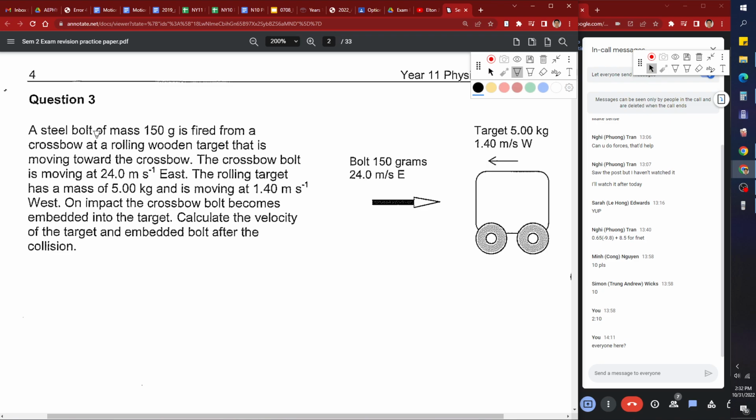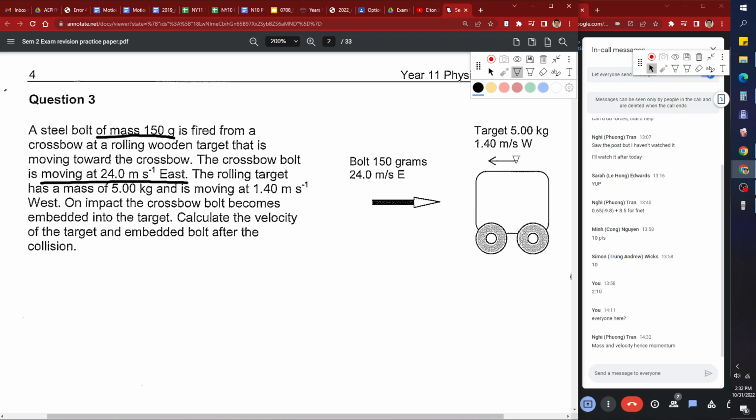It gives us a mass of the bolt. It gives us the velocity of the bolt, its direction. And then this is a target. Yeah. Target's mass and the velocity of the target. It asks us to calculate the velocity of the target and the bolt after collision.